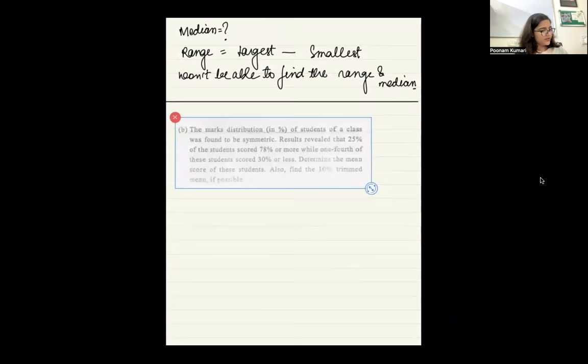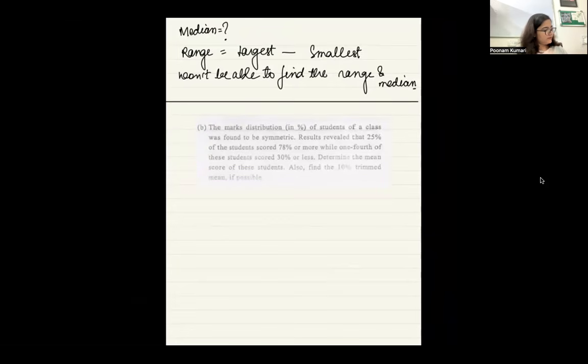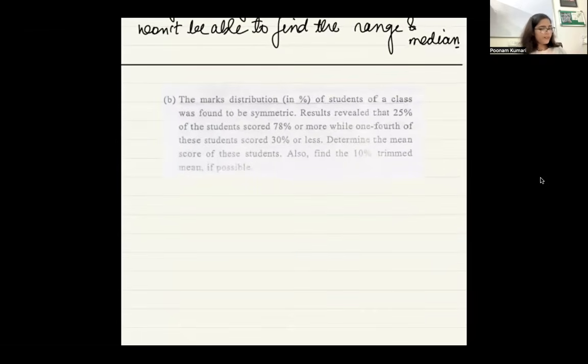Okay, so this is one question that we have. All right. So this question is the following. What is this question saying? That the marks distribution in percentage of students of a class was found to be symmetric. What does that mean?